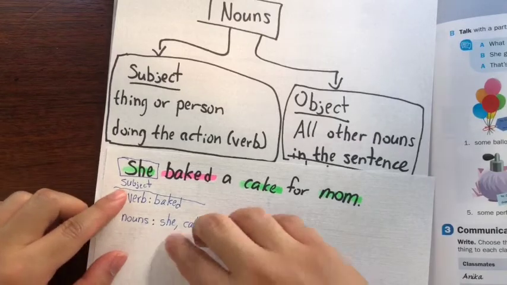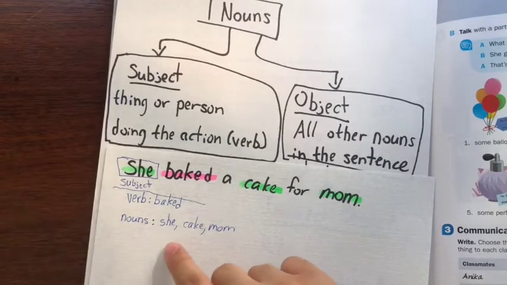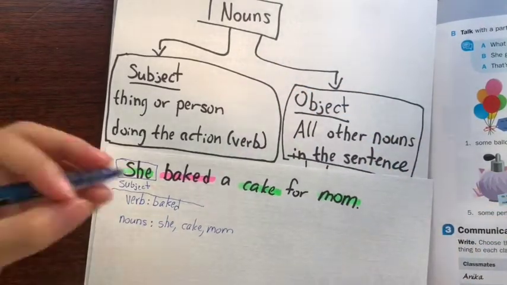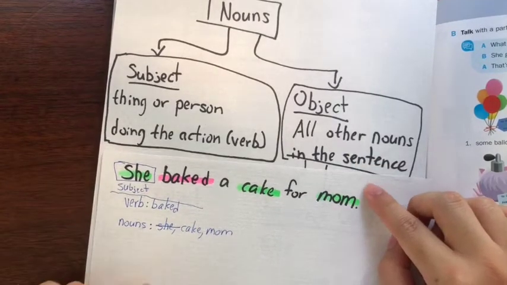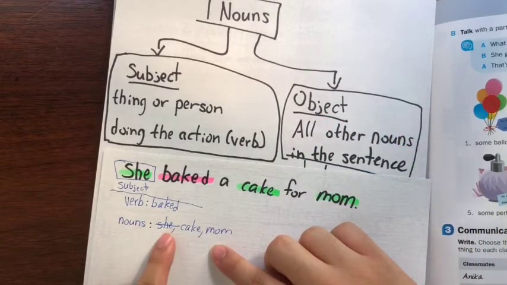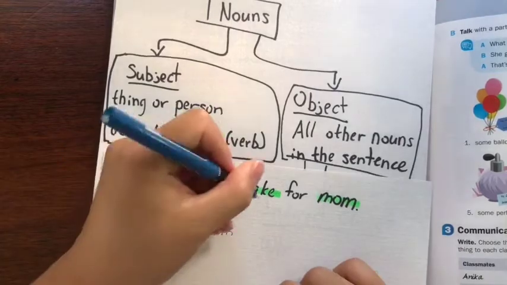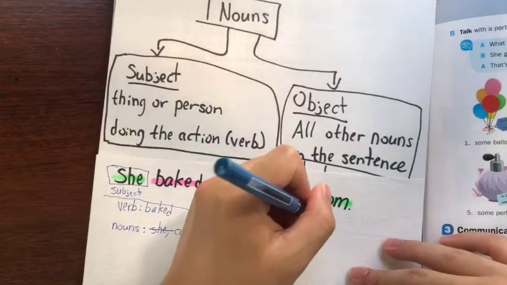The subject of this sentence is she. And now all of the other nouns in the sentence are objects. So, she is a subject. We have cake. Cake is an object. Mom is now an object.